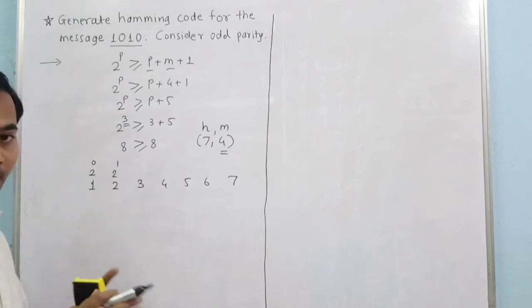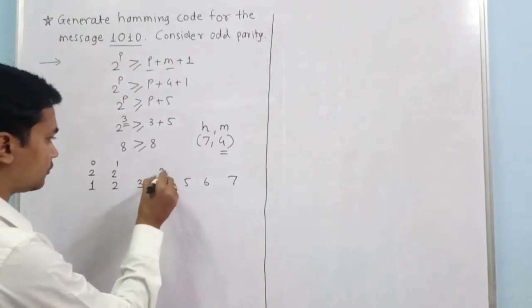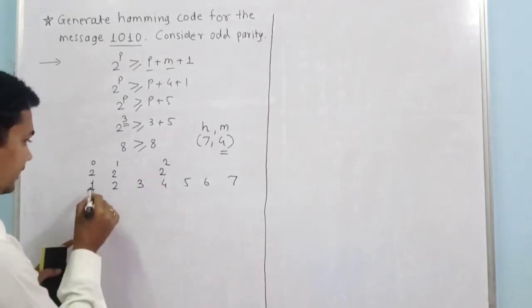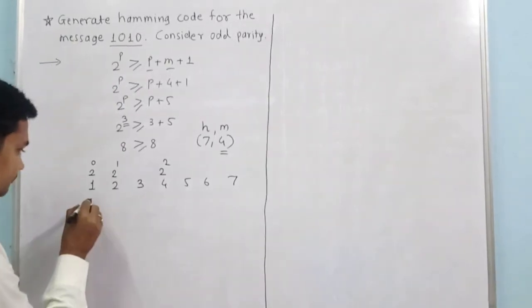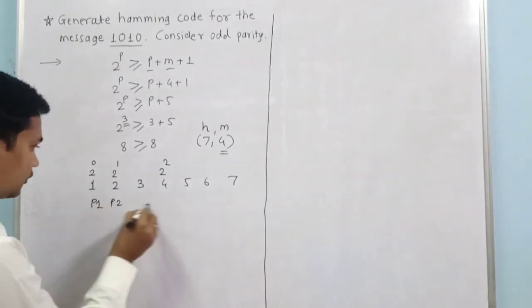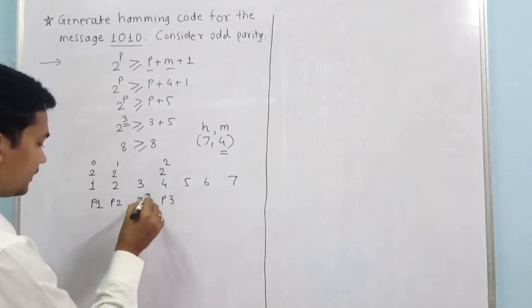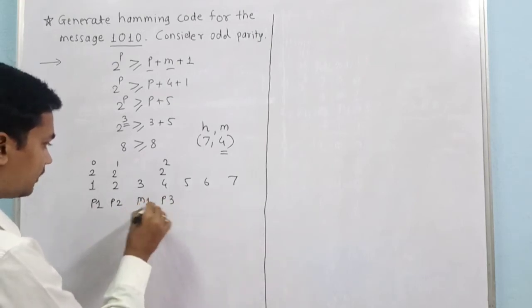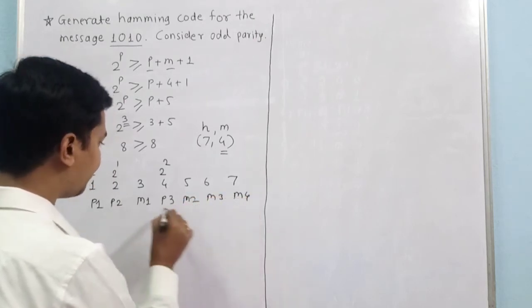Next parity bit position is what? 2 raised to 2, that is 4. Okay. So at these positions we fix the parity bits P1, P2 and P3, and the remaining positions are allotted for message bits M1, M2, M3 and M4.